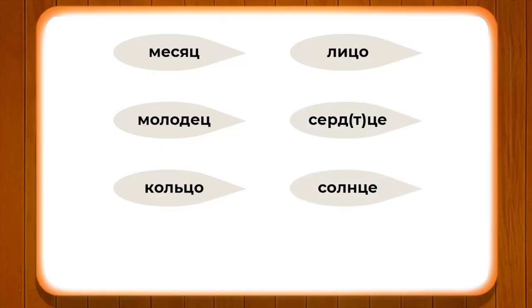The words are: first one, mesets, malajiets, kalso, litso, siertse, sonse, cifra. So, you have these new words where you will find especially the letter th, because we have been doing it, and then letter s.